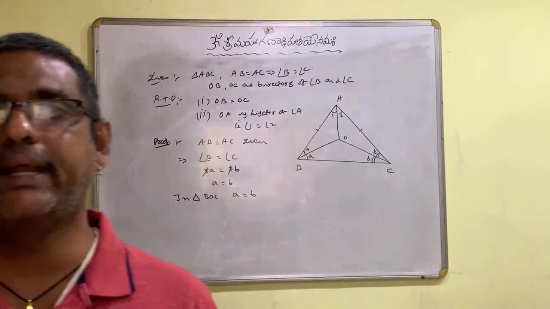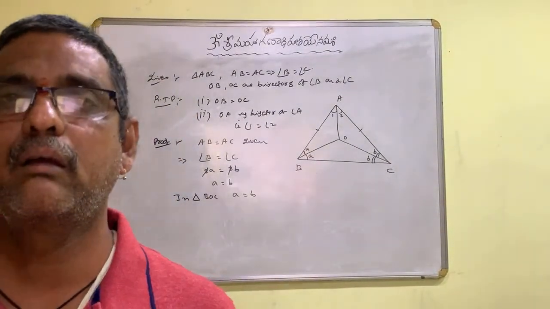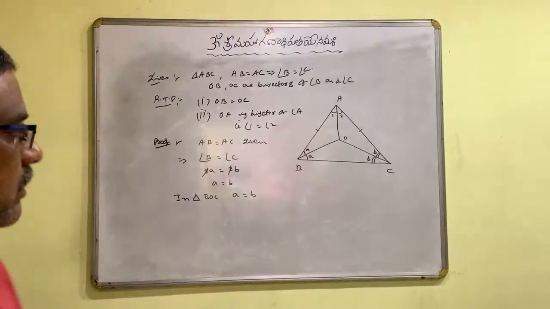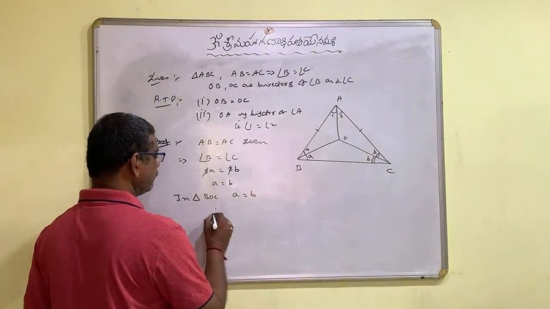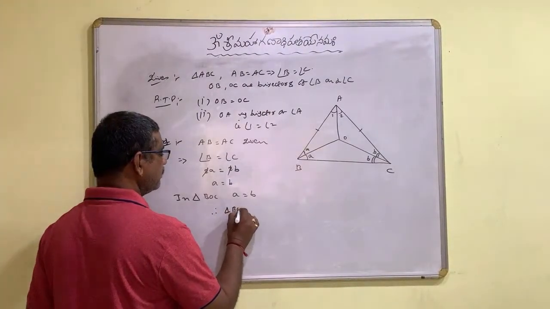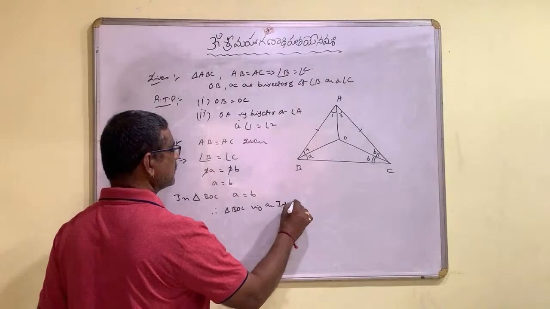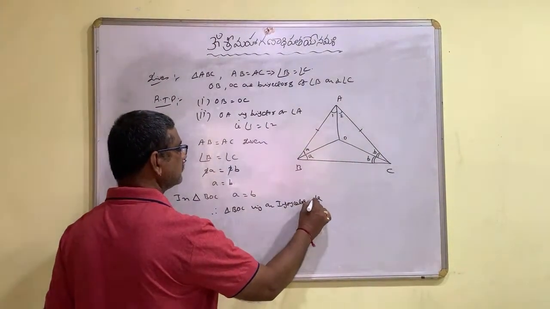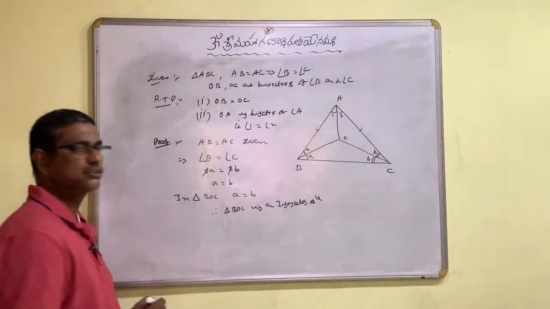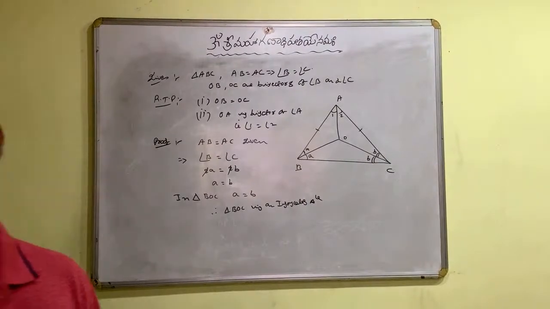Okay, it is an isosceles triangle because two of its angles are equal. Therefore triangle BOC is an isosceles triangle.